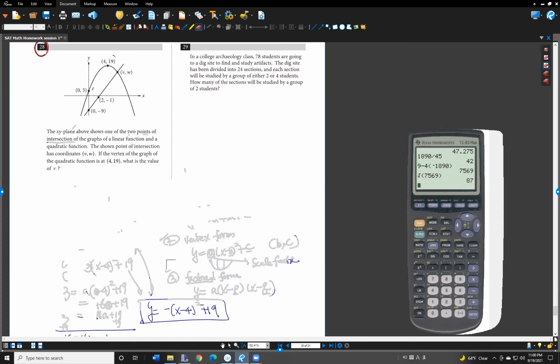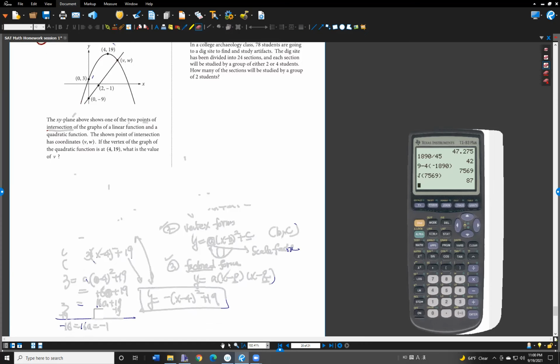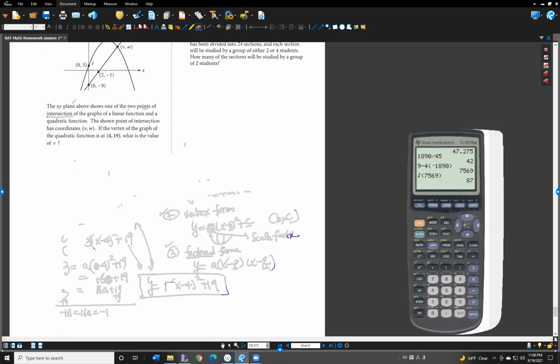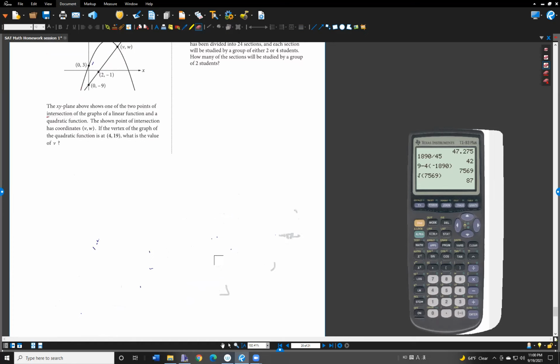What is the equation of the line up there? This line, I'm going to separate. We have the one line over here. The y-intercept is -9, and we have 2 points over here, right? 2 and -1. From these 2 points, we can find the slope.